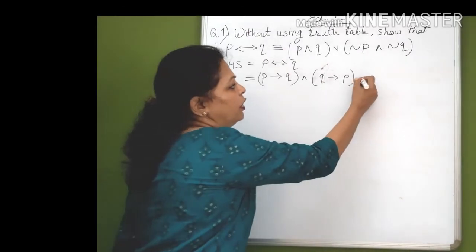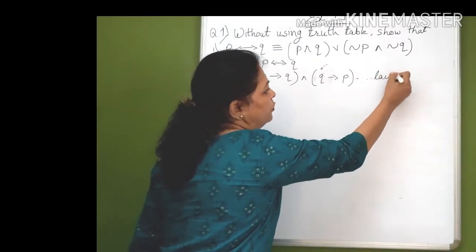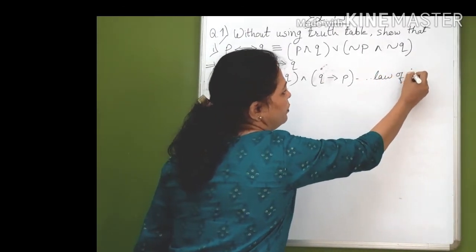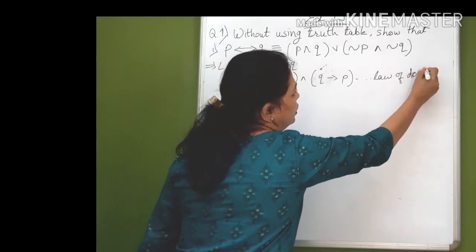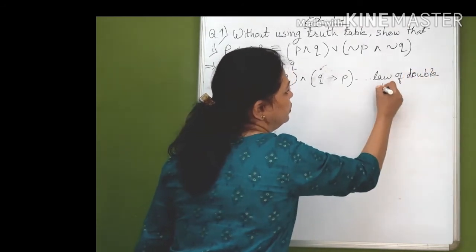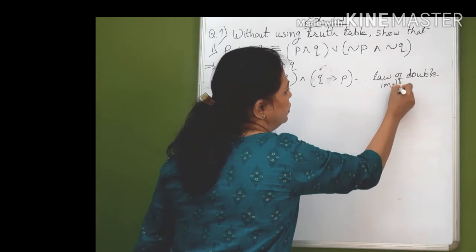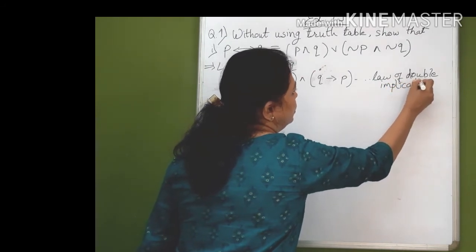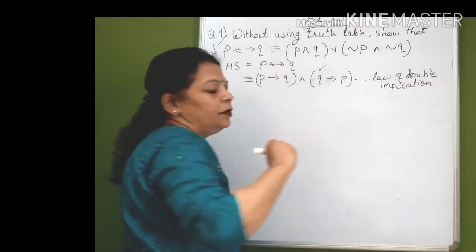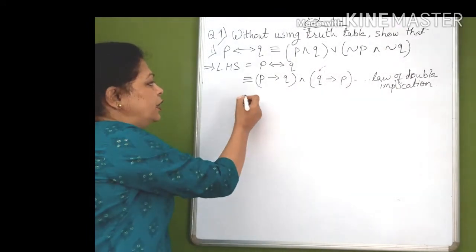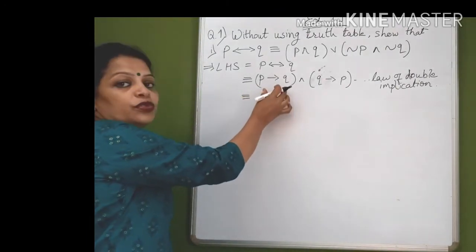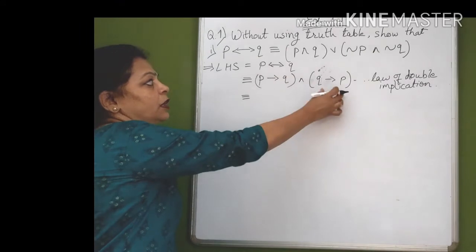This is called the law of double implication. Then now we'll use the law of implication to solve each bracket.